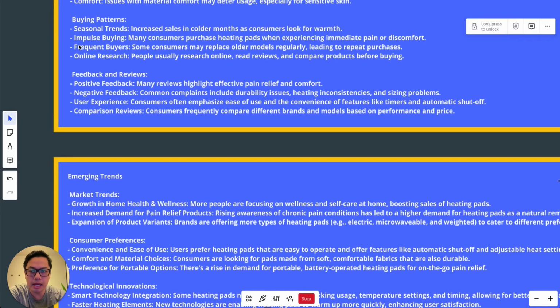So price might not be a huge impact there, or price sensitivity. People are experiencing the pain and they want to find a solution. So if you can address that pain and discomfort, that might, well, we'll take a look. That's just kind of my hunch to see if price has an impact when users end up purchasing this. That could be a potential buying pattern.